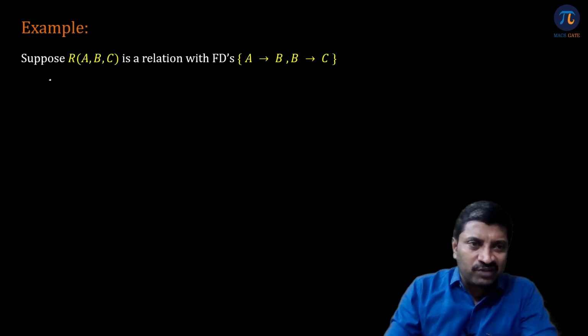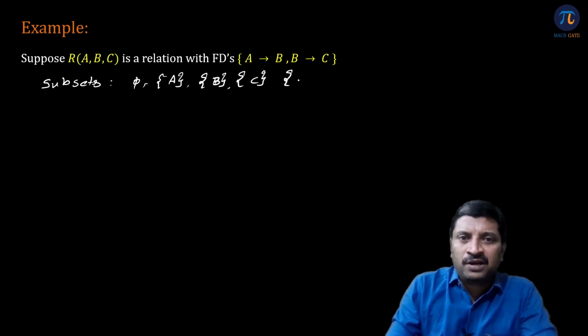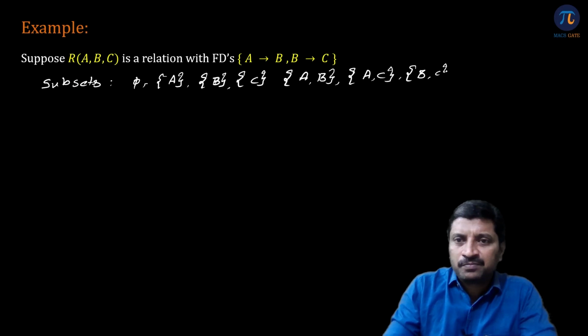So what are the subsets of the attribute set, sir? Empty set, singleton set with A, singleton set with B, singleton set with C, and set with A comma B, set with A comma C, set with B comma C. Similarly, set with all the 3 elements.